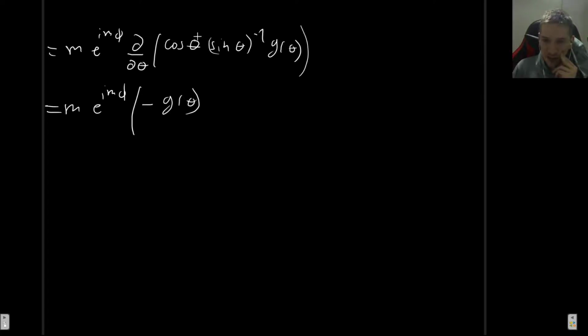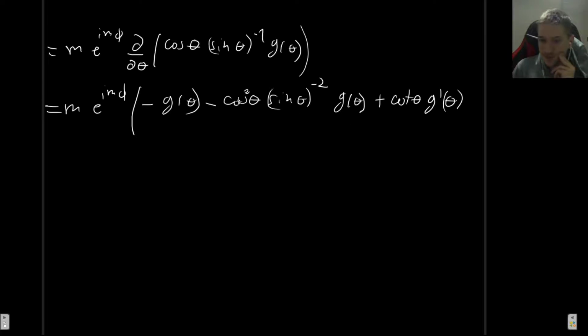So this minus 1 comes down, so we get minus this cosine of theta, and then we have sine of theta to the minus 2, and times the derivative of what is inside. This is the chain rule. So that's going to be another cosine theta, so we can just write it as cosine squared, and times g of theta. And the final term is just deriving g, so we can just write this cosine sine as cotangent once again. So we get plus cotangent of theta g prime of theta. And this cosine squared times sine to the minus second power, this is just the cotangent squared.